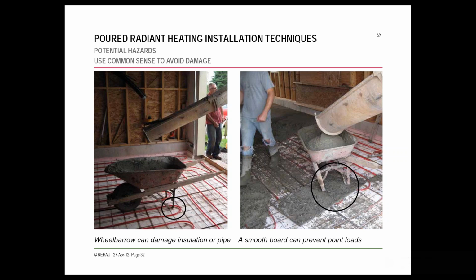Whenever you're installing radiant, again, the tube is super durable, but you want to be extremely careful to take caution to not damage the tube during the install. If you're going to be running wheelbarrows back and forth, make sure you're at least dropping them on a piece of plywood or scrap so you're not adding extra stress to the tube.